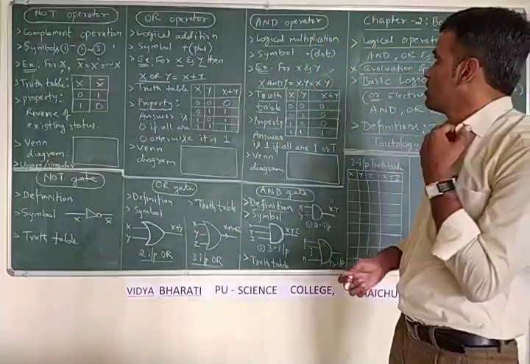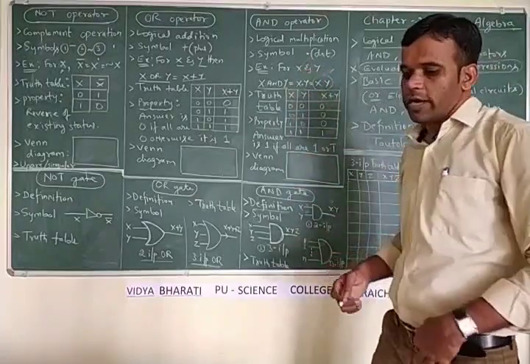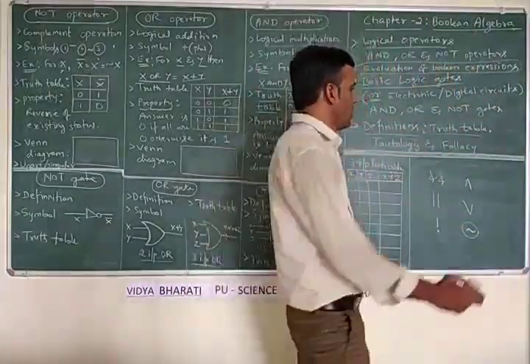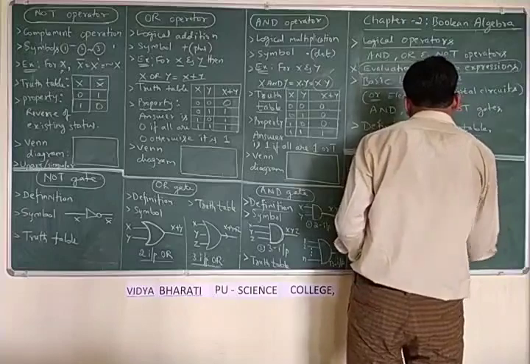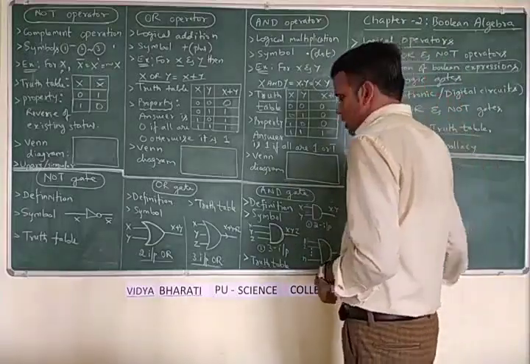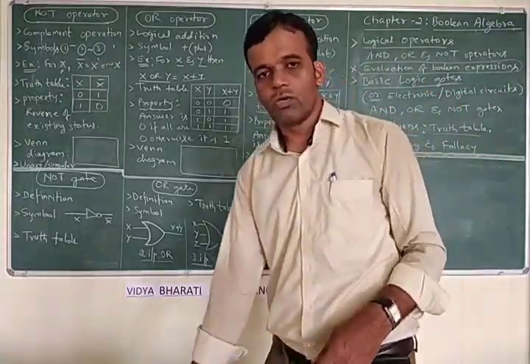If you consider the first operator, the AND operator, the property is: the answer is true if all are true.